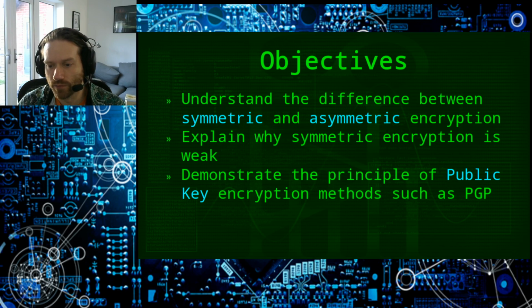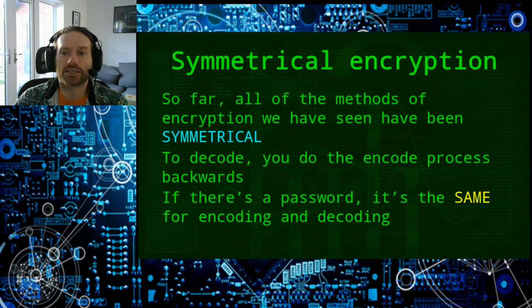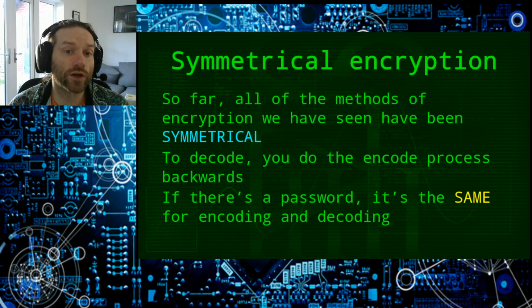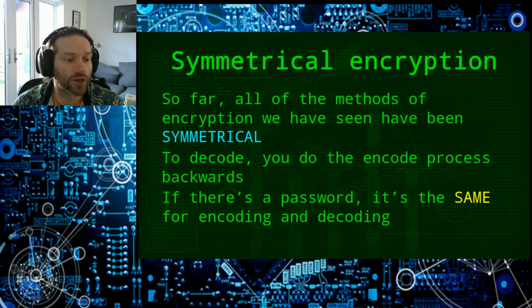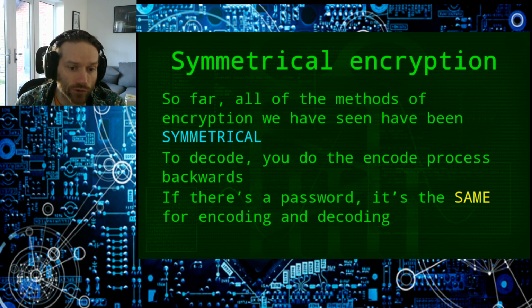Okay, right. So moving on, symmetrical encryption. That is what we have looked at so far. All of the methods of encryption that you have seen so far are symmetrical. In order to decode something, you just apply the same method that you used to encode it in reverse.